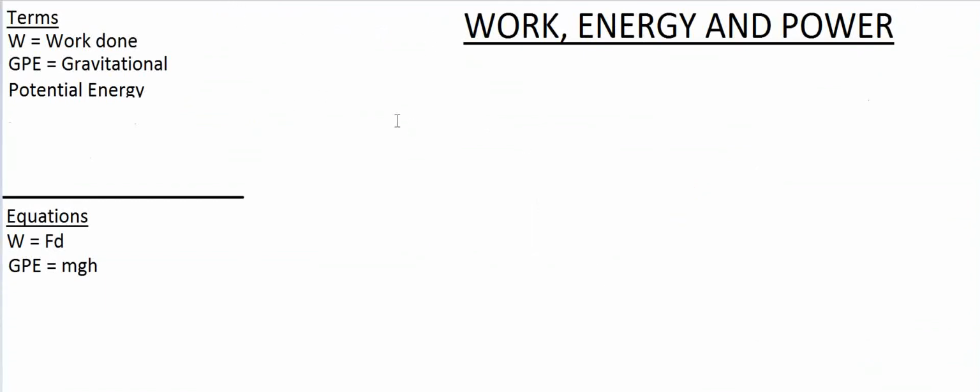Now move on to KE. The formula for KE is half mv squared.